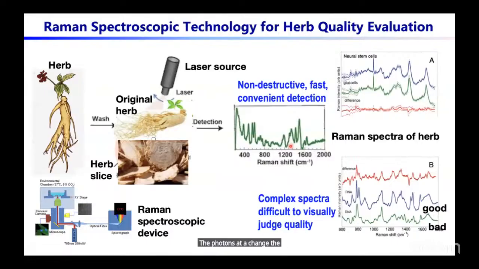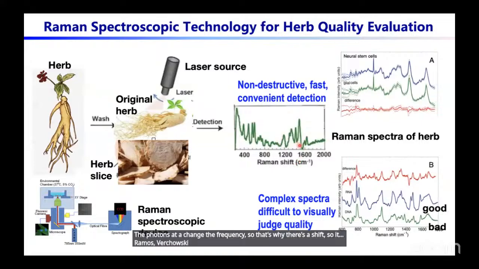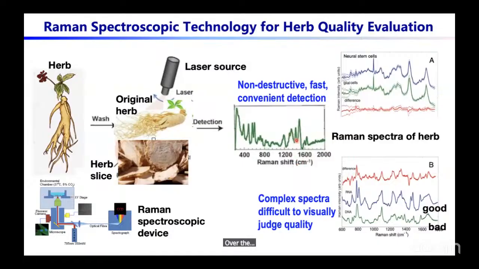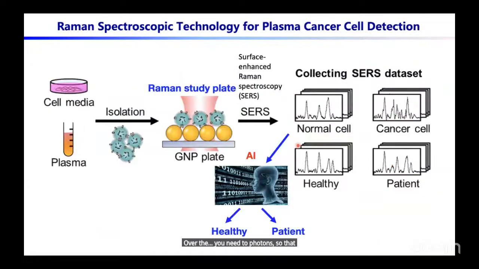So that's why there's a shift. Raman spectroscopy measures the shift of the emitted photons. Essentially, that's how Raman spectroscopy works.